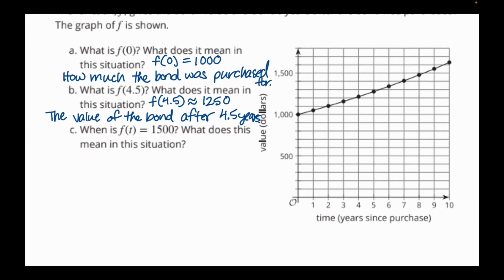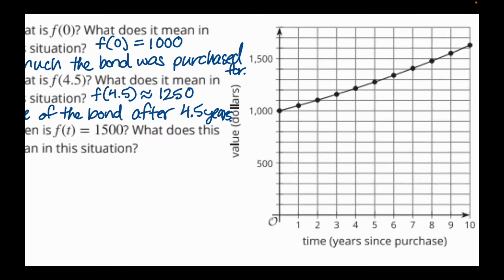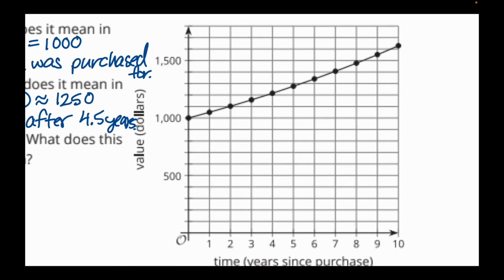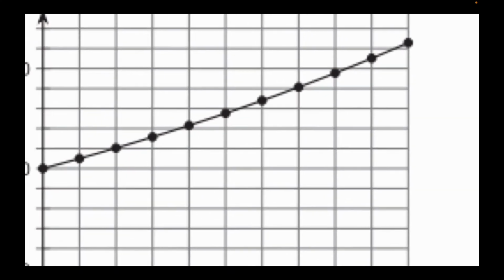So for the last part of this question, they're asking when is f of t equal to 1,500, and what does that mean? So now we're not actually looking at our time to start with, we are looking at our value in dollars. So 1,500, that is right about here.